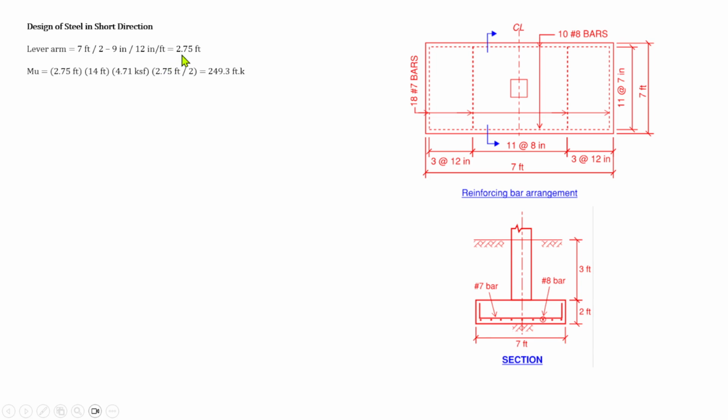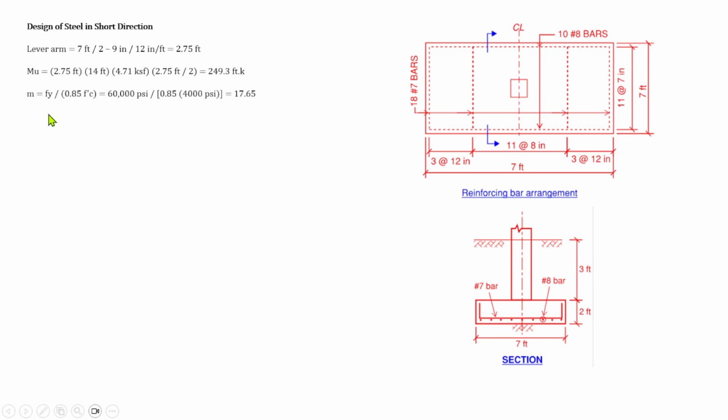That would give us 2.75, the lever arm of our moment from here to there. So moment is 2.75 times 14 times 4.71 KSF, times 2.75 over 2, that would give us 249.3. We just take the moment from the face of the support from here to there.